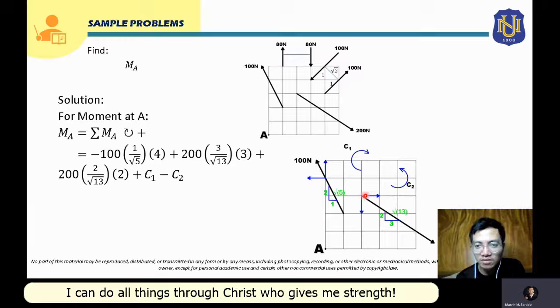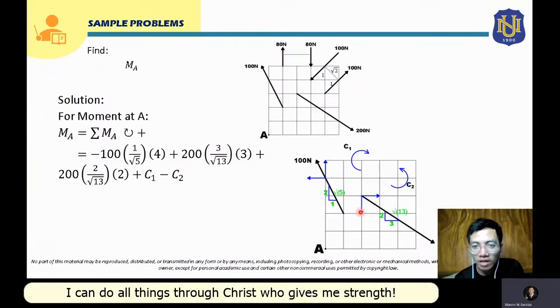Let's first solve for the horizontal component. Its horizontal component will just be 200 times the side in the slope triangle that is parallel to that component, which is 3. So that will be 200 times 3 over square root of 13. And its moment arm will be 1, 2, 3. So that will be 3, and its rotation will be clockwise about point A. So that will be positive here.